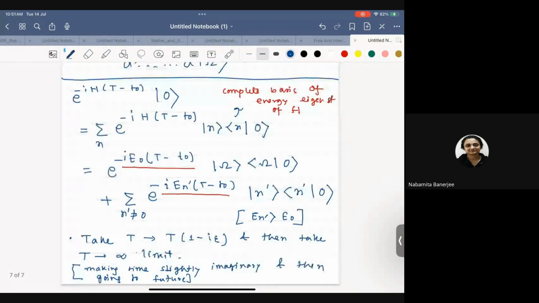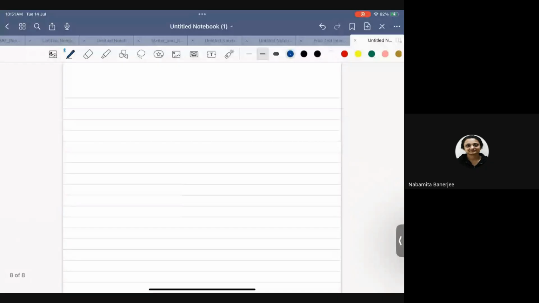Now let me go. So what I'm doing is, one expression is exponential of minus i E naught t into (1 minus i epsilon) plus t naught. Another expression is exponential of minus i En t into (1 minus i epsilon) plus t naught.